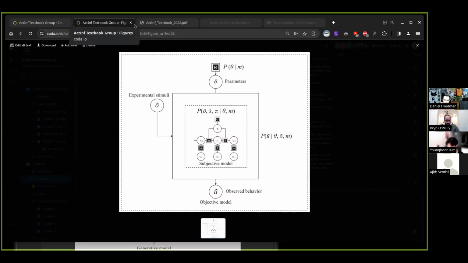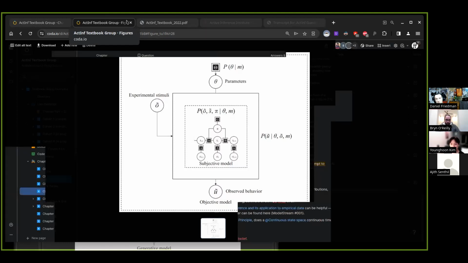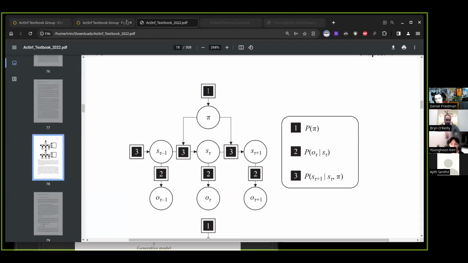Yeah. So does it mean that the P function annotation should actually be Q, because it's an approximation, isn't it?